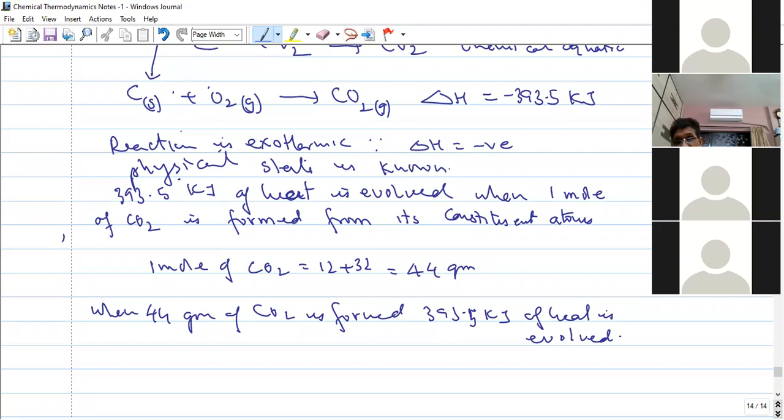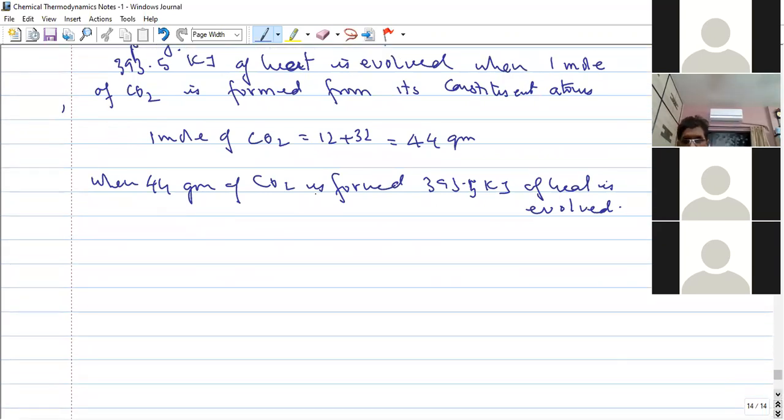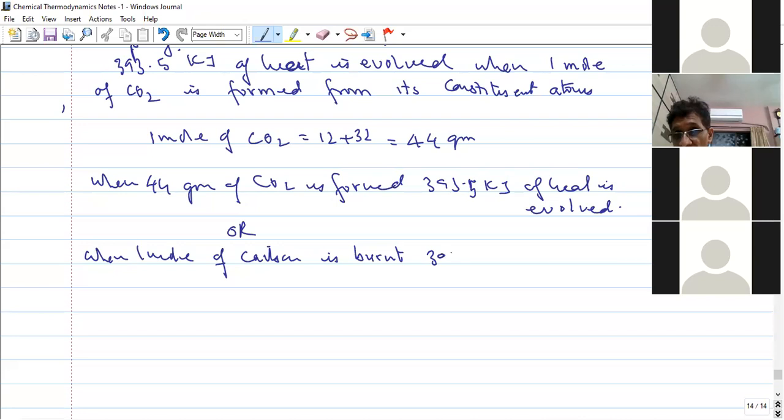Okay? So this is the information. Or you can say, I write that also, just for your knowledge: when 1 mole of carbon is burned, 393.5 kilojoules of heat is evolved.